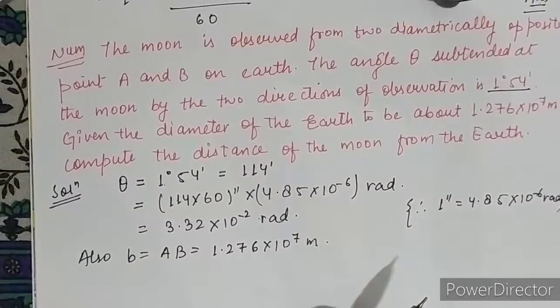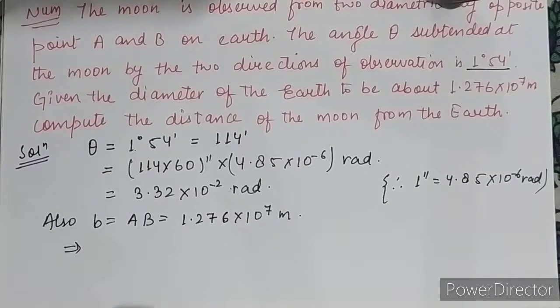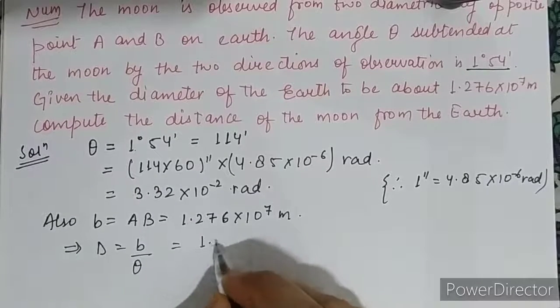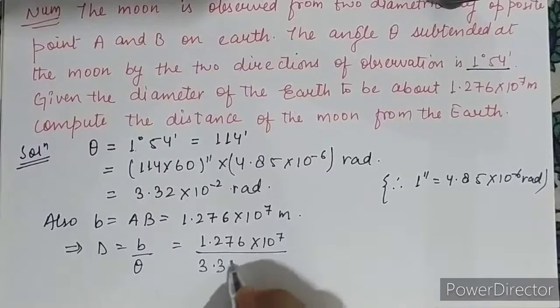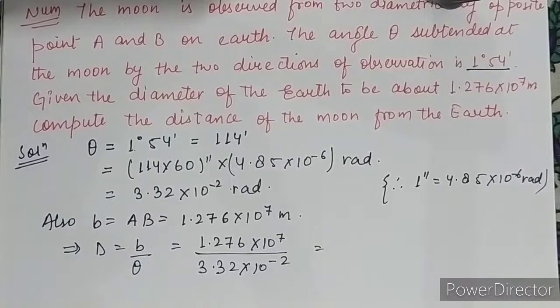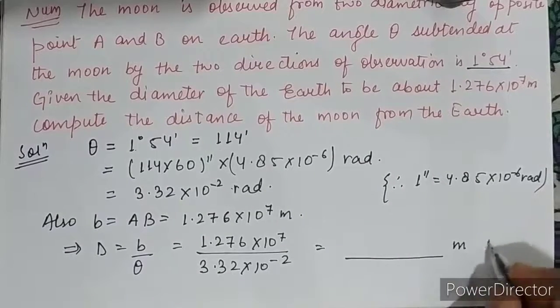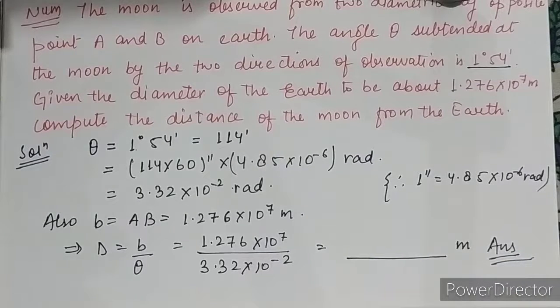The distance is equal to basis upon angle, and here the basis is 1.276 into 10 to the power 7 divided by 3.32 into 10 to the power minus 2. You have to solve this and calculate the value. I am not solving it out; the final solution which you get is your answer. Clear? Okay beta. Any doubt?